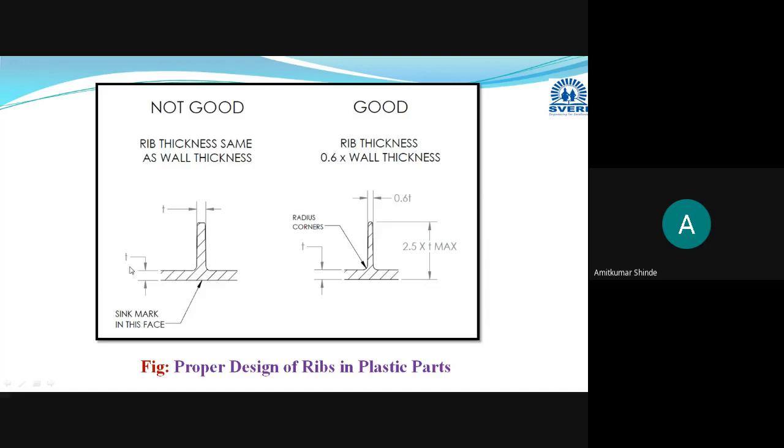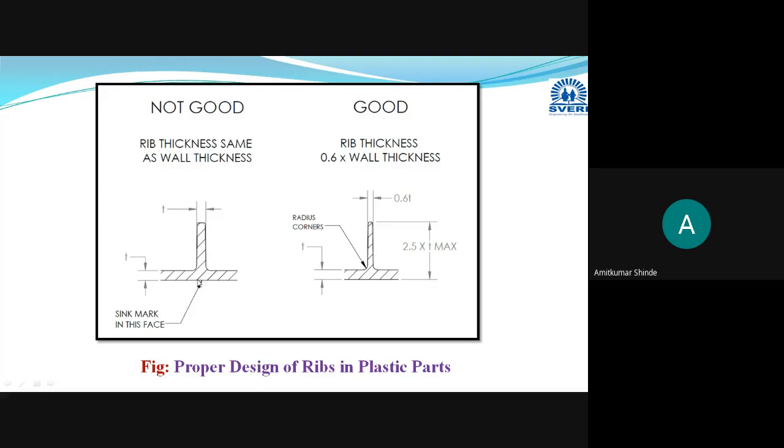And if suppose you have designed a rib having thickness same as that of the wall thickness, here wall thickness is t and rib thickness is also t. Then what will happen? At the bottom side here, sink marks will appear.